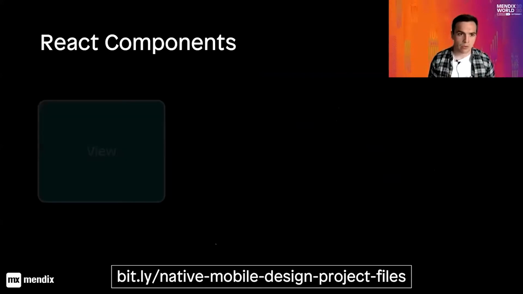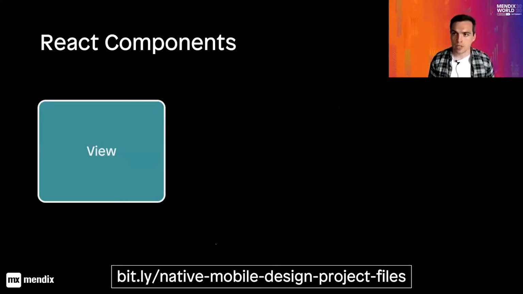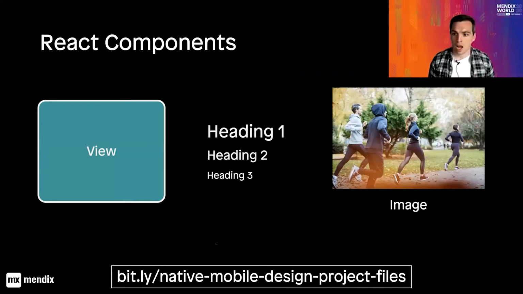A couple of the components that we use are views, text, and images. And these are all used to create our React Native widgets as well. You'll see in an example later on how they help structure out, for instance, a button or a card layout as well.